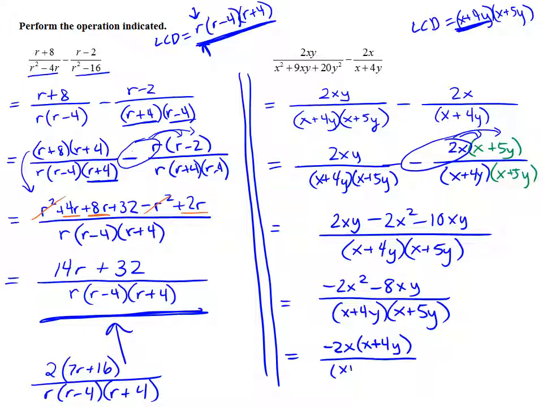And then x plus 4y times x plus 5y. Those x plus 4y's are common now, so they can be canceled, and we get left with the fraction negative 2x over x plus 5y. When we have more than one variable in the problem, we're not going to worry about domain restrictions when we do any cancellation, so this would be my final answer, negative 2x over x plus 5y.